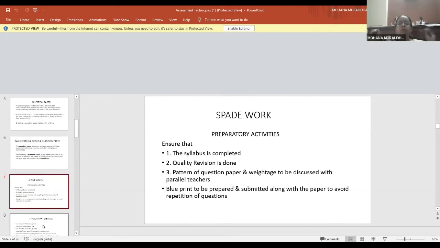So this discussion with parallel teachers is very essential. You need not leak the question because that's highly confidential. But we can always share the pattern of the question paper and the weightage with the parallel teachers.